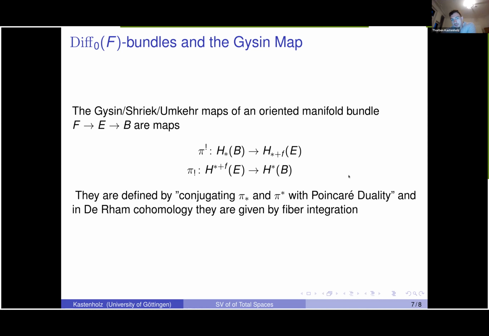And in the de Rham cohomology, this can also be defined in terms of fiber integration, where you somehow integrate over the fiber, as the name says.